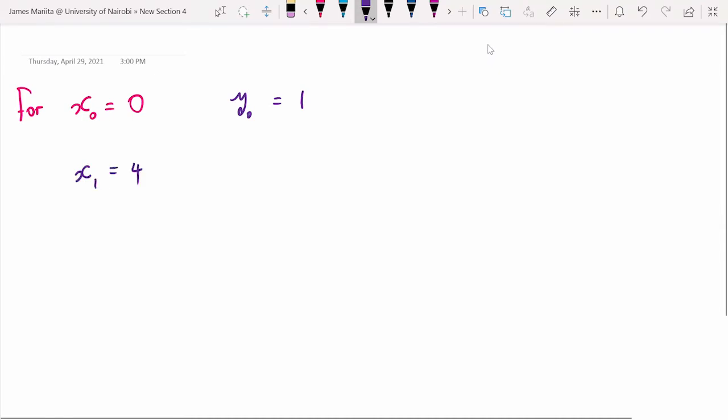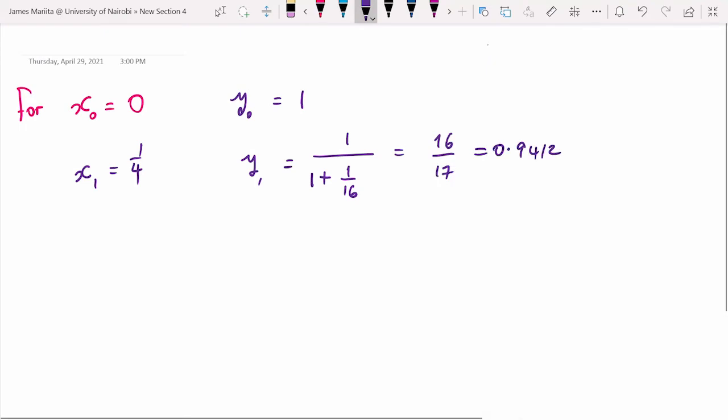Then x1 is 1/4, then y1 will be 1/1 plus 1/16, which will be 16/17, 0.9412. When x2, 1/4 plus 1/4 will be 1/2.